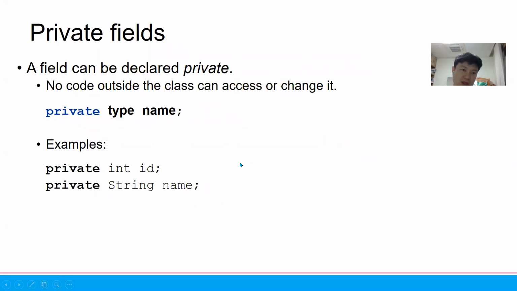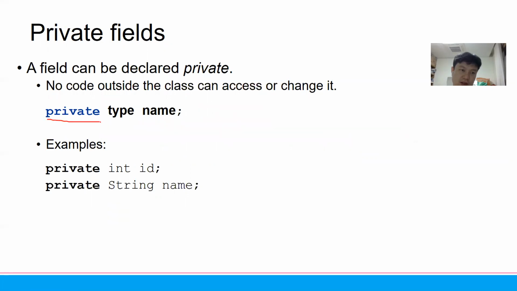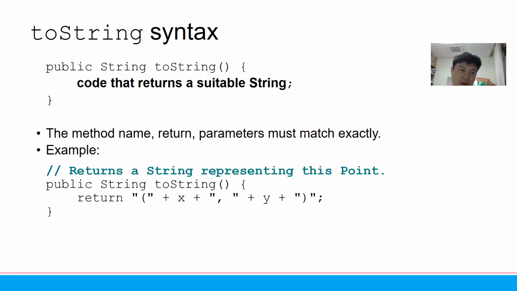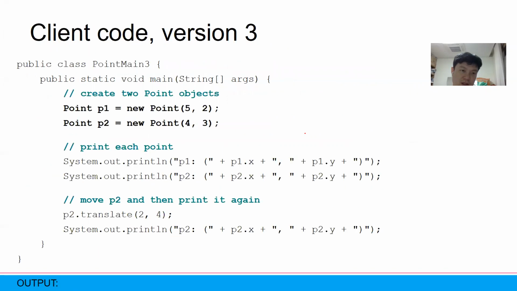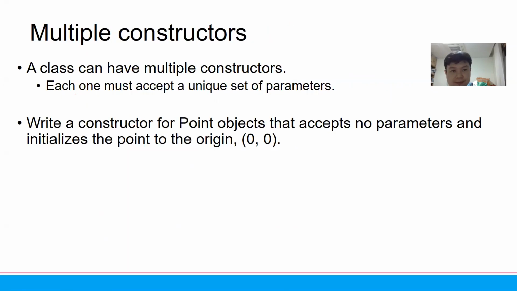In the previous example, we always used public. Even though there is no declaration about public, each of the variables, like you can see here, when you define this integer x and y, is automatically regarded as public.